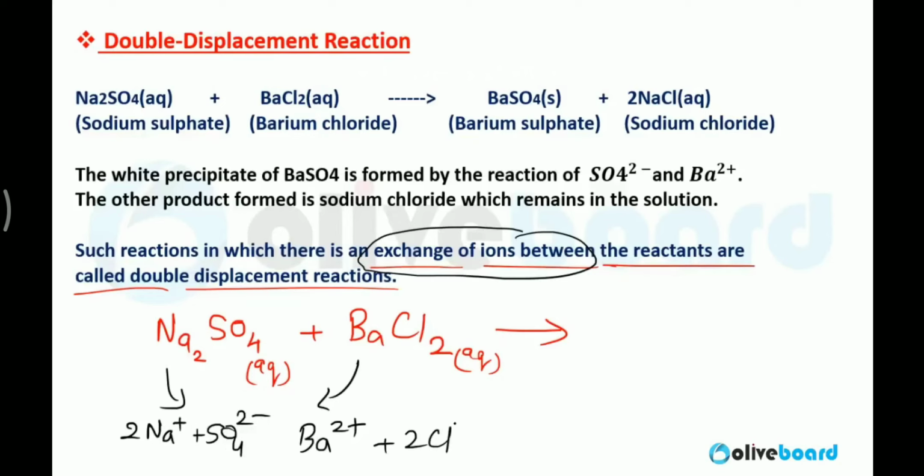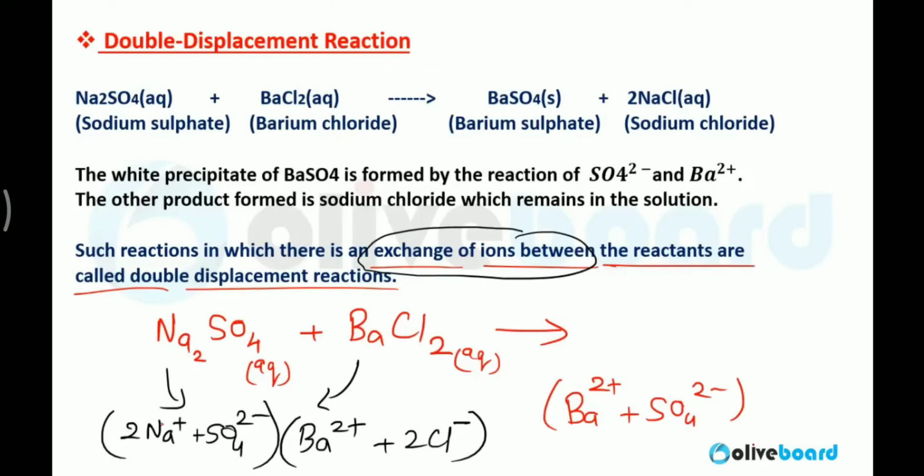Similarly here you will get twice Cl minus ion. So basically we are exchanging the ions, giving barium 2 plus to SO4 2 minus.